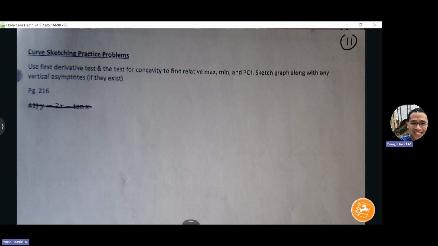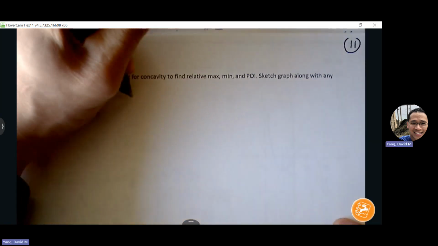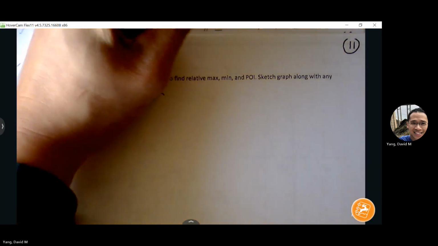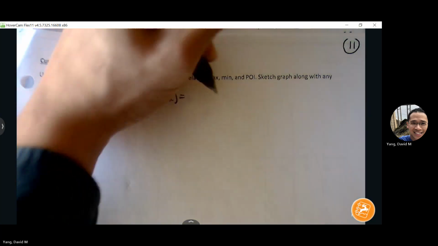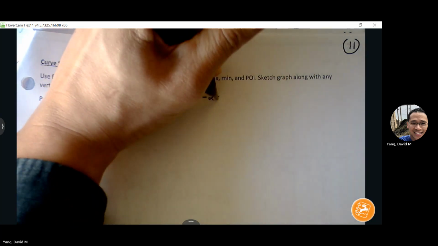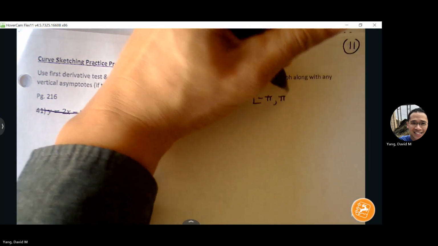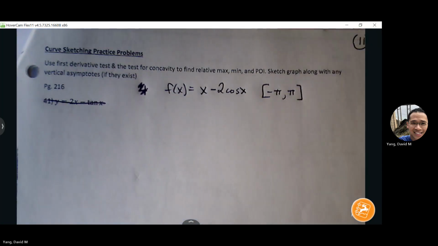And I want us to do one similar to what we've seen in the past. That's right, I always will give you intervals so that you know where the endpoints are.